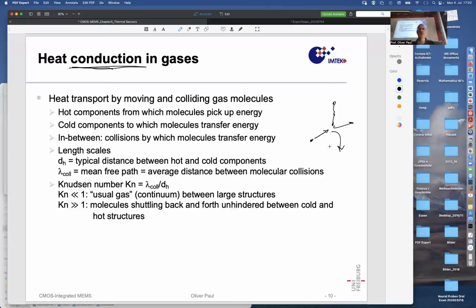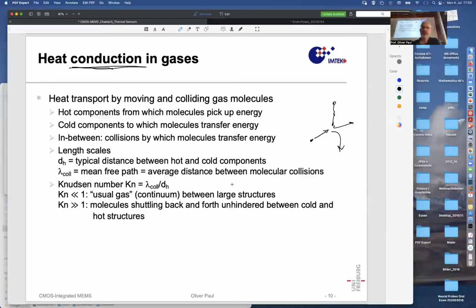And therefore, the thermal speed of molecules in air is something like a few hundred meters per second. And so you can imagine how often these molecules collide, because if they travel 100 nanometers at that speed, they do lots of collisions per second.